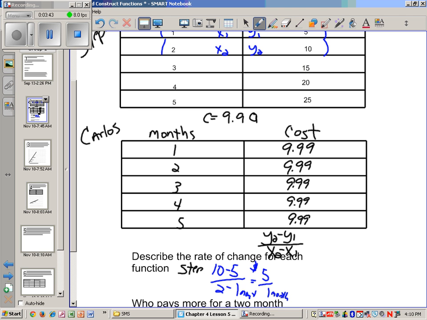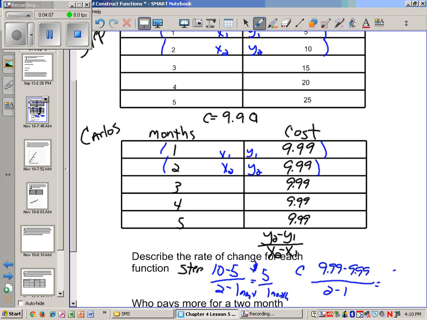And we can do the same thing for Carlos: x1, y1, x2, y2. Those are our ordered pairs for Carlos. And we'll plug Carlos into our formula. We've got $9.99 minus $9.99 on top. Our x2 is 2 minus x1, which is 1.